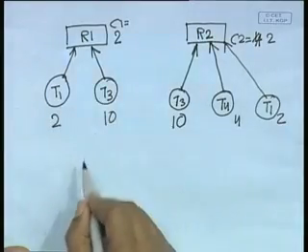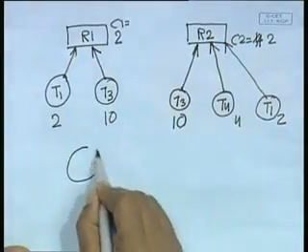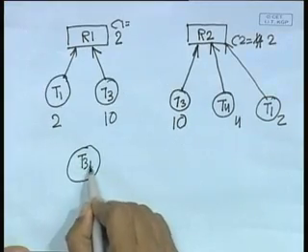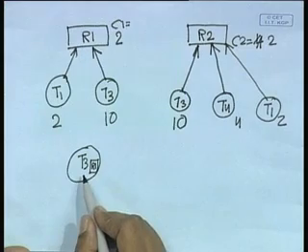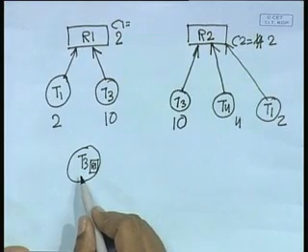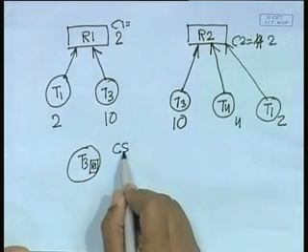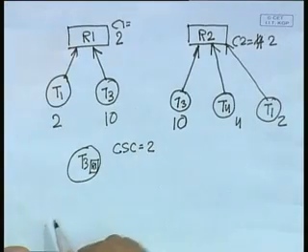So, T3 was first holding R1 and T3's priority does not change, only the CSC should have been set to 2, right.